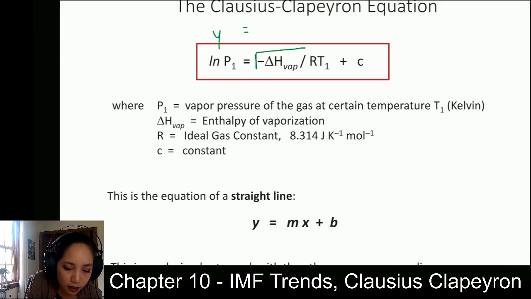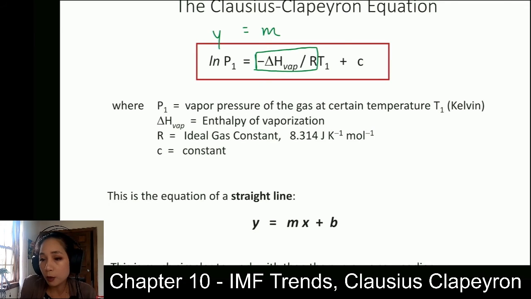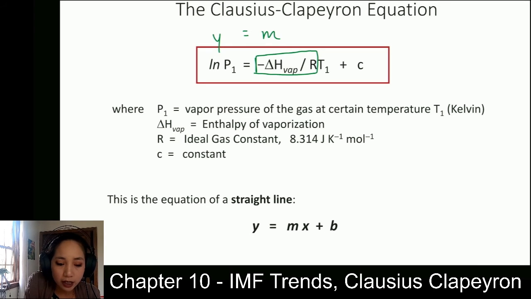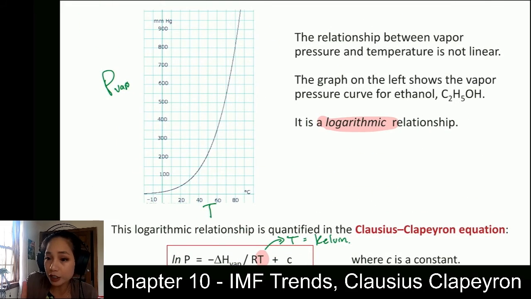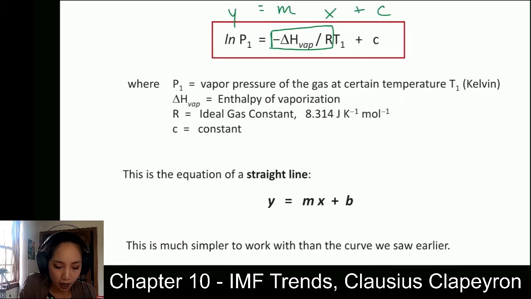This portion of our equation, negative delta H over R, equals m, the multiplication in front of x. Then x becomes 1 over T, plus C. Putting it in this form makes the Clausius-Clapeyron equation a straight line, essentially turning this curved line into a straight line, which I'll show you on the next slide.